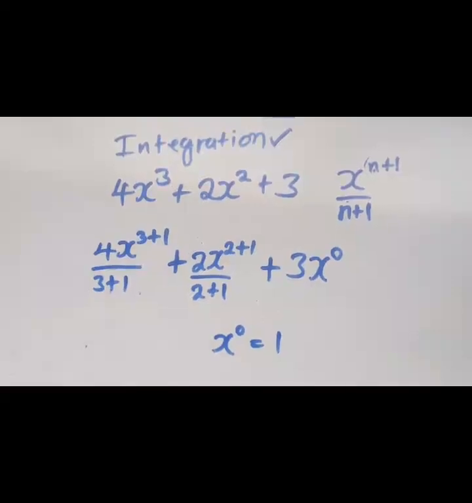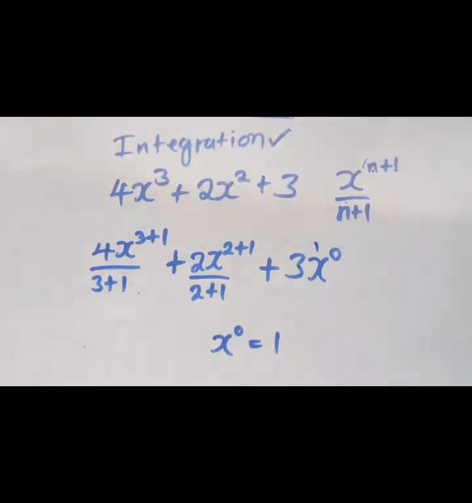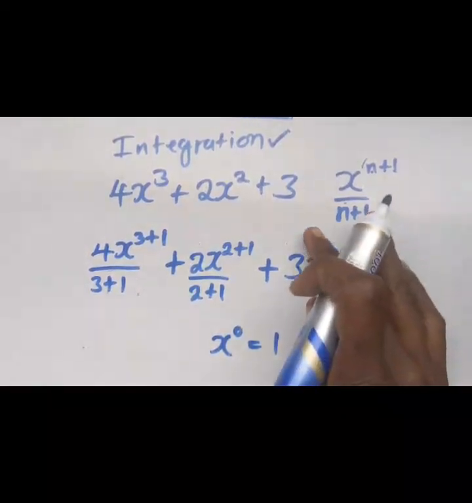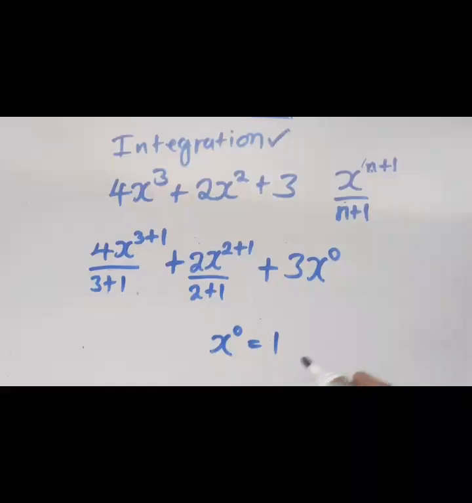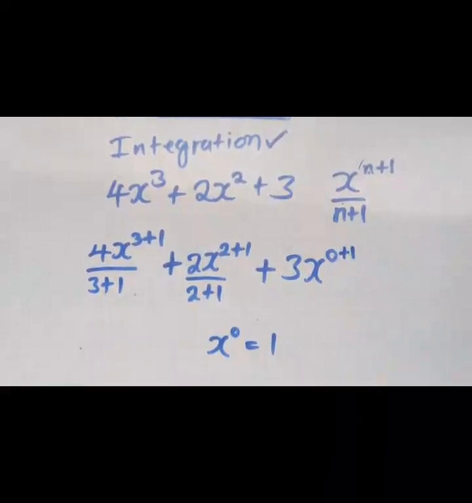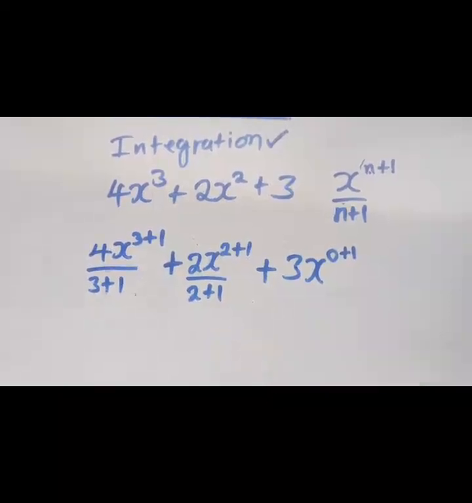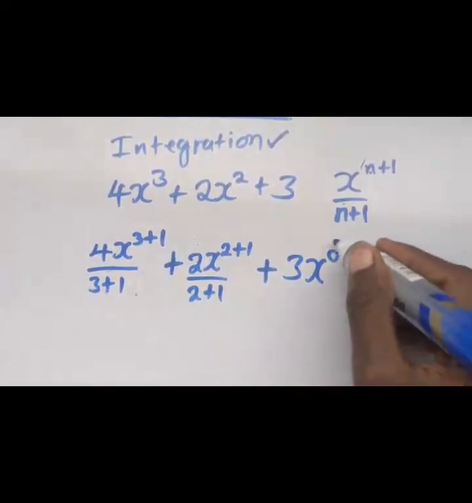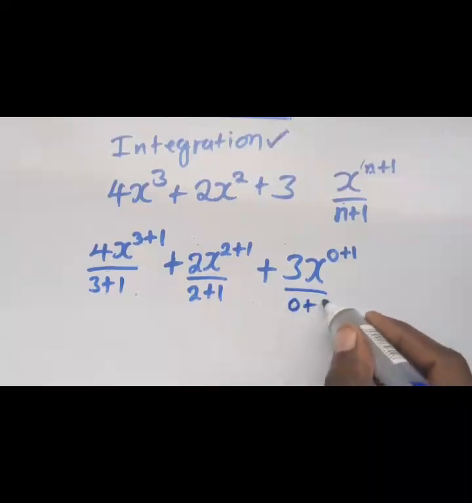It can be 100 or any letter, it is equal to 1. So there is a 1 here. 3 times 1 is just 3 itself. So here we include that x to the power 0, but you are going to add a 1. Since we are adding a 1 there, we put down here 0 plus 1, like that. That is what we are going to do.